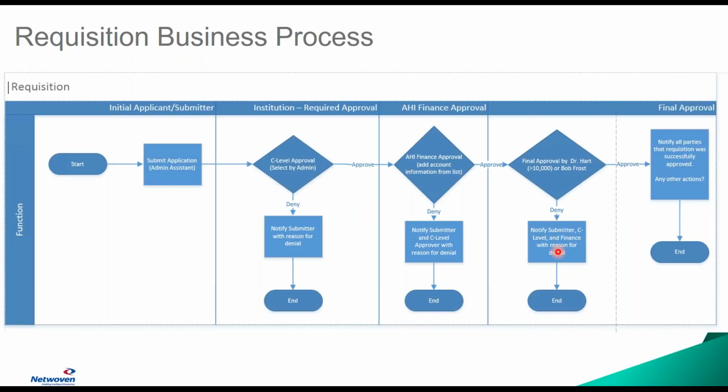Now, one of the things that I don't depict here in this requisition is, what if we get to the finance department and they realize that the C-level person actually forgot some information or put something in wrong? We don't want to have to start this workflow all over again. One of the things that's unique about Nintex is something called a state machine.